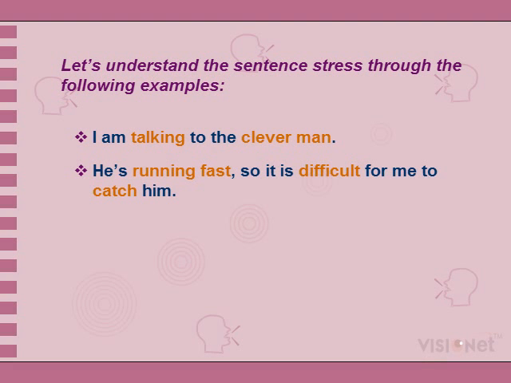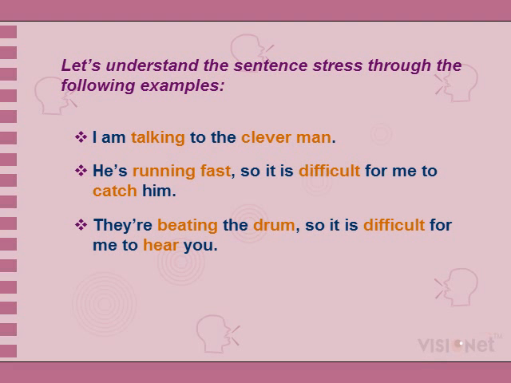Here, running fast is stressed, difficult and catch, they are also stressed and the rest of the words are unstressed. One more example, they are beating the drum, so it's difficult for me to hear you. Here, beating and drum, they are stressed, then difficult and hear are stressed.